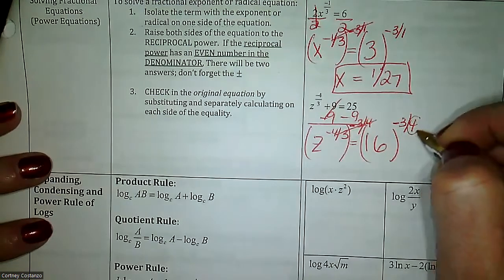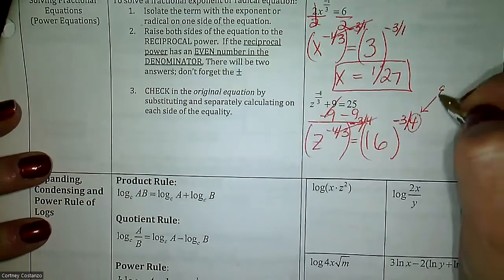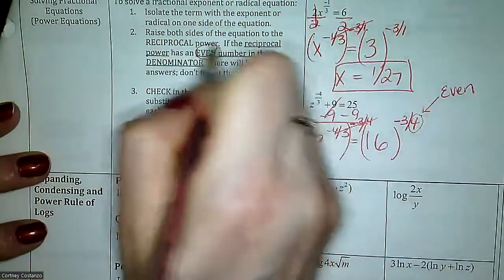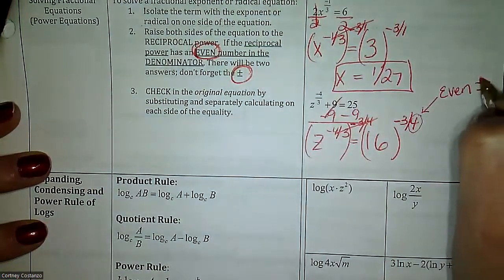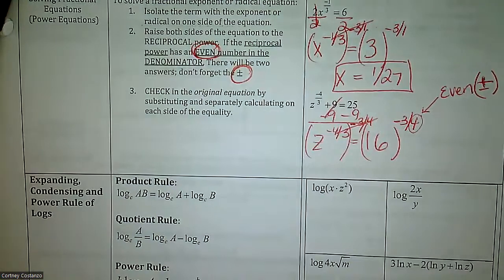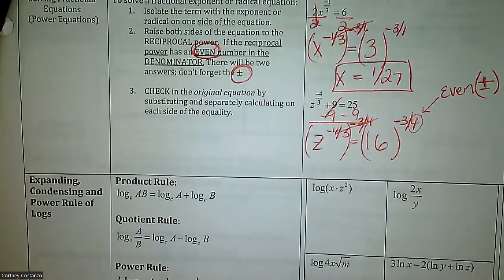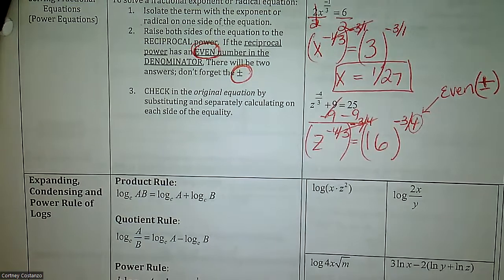If the base of your reciprocal is even, you need to put a plus or minus in front of your answer. It's basically like when we square root something squared, we put a plus or minus. You're essentially getting an even denominator in your exponent, and that creates two possible solutions.